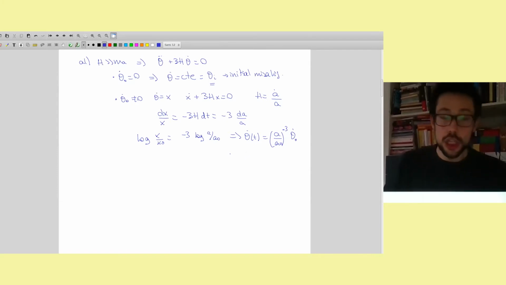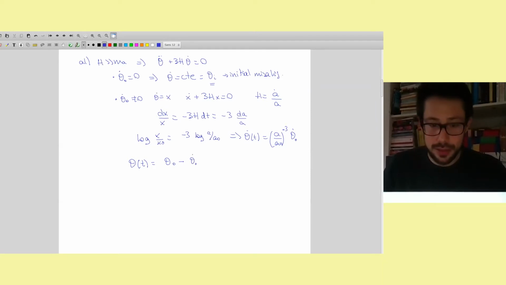So the general solution, if we now integrate this, is the initial misalignment, theta sub 0, minus the initial velocity times 1 over 3H times (a0 over a) cubed.